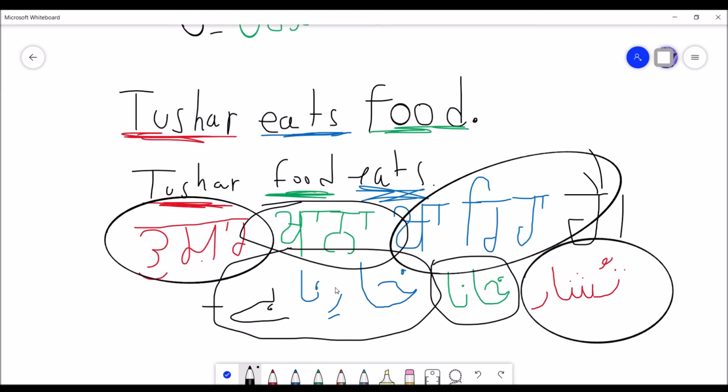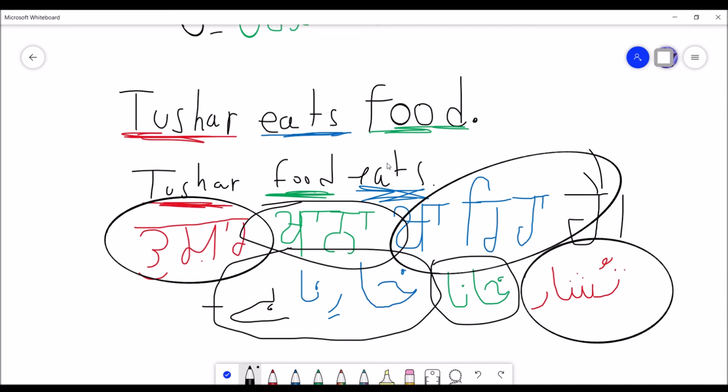But if you say khana kha reha hai comma Tushar, then yeah, people would understand. They may get confused because they might not hear that sudden comma, because the comma is just you not talking, right? So they might be like, wait a minute, how is the food eating you? But as a foreigner, I think you'd get away with that. If I said that, it'd be like, yo, what is he saying? But I would just recommend you follow the normal structure to sound normal.